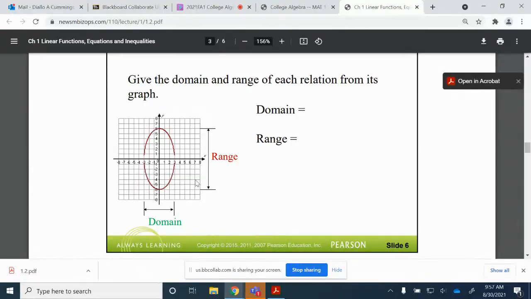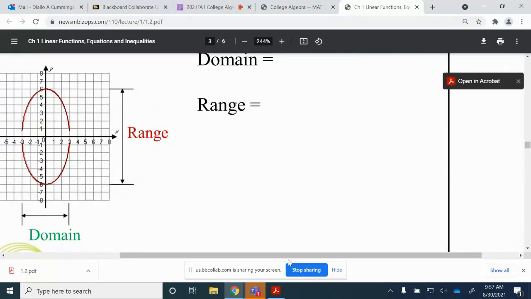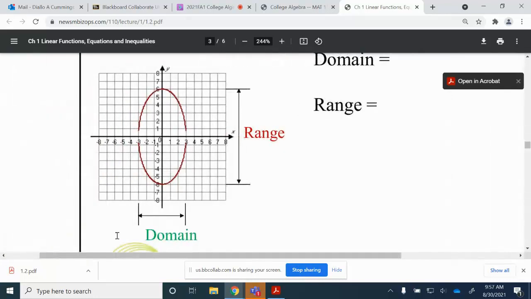All right, so now here we have a graph, and we're asked from this graph to give the domain and the range. So as far as a graph is concerned, the domain is all of the x values that your graph takes on. Another way to look at the domain is it's the stretch of your graph across, in this case, the x-axis.